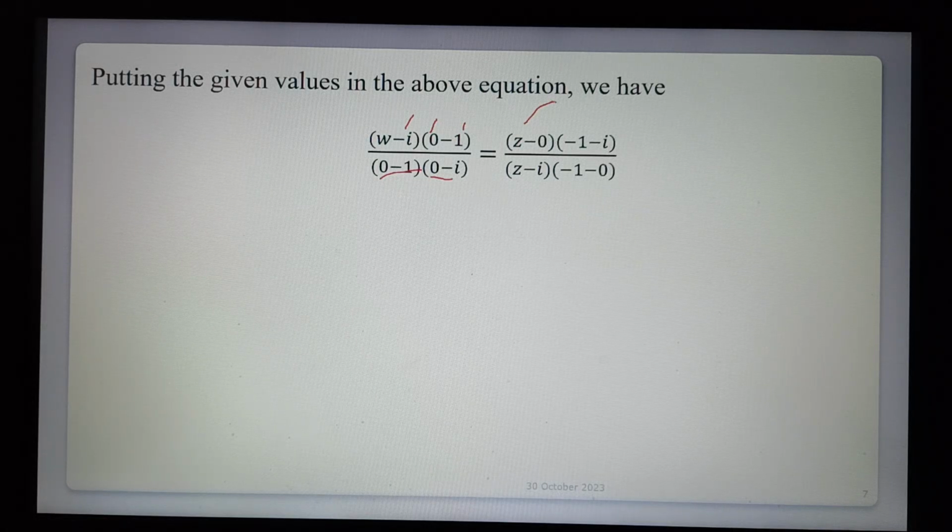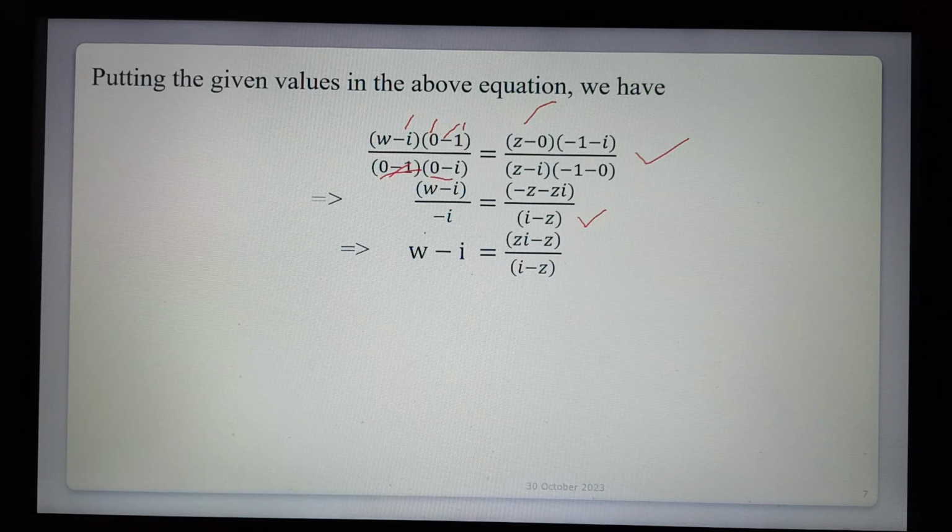Next, similarly substituting z1, z2, z3 in the right side. Now simplification: in the denominator the minus cancels, so w minus i by minus i is equal to minus z into minus zi by, so here minus common is i minus z.